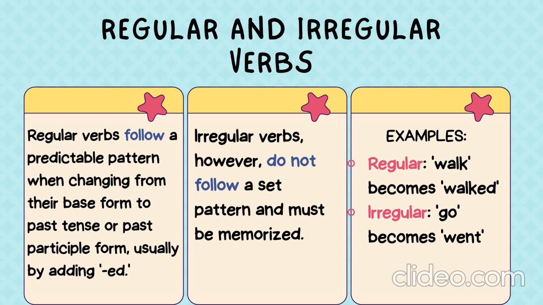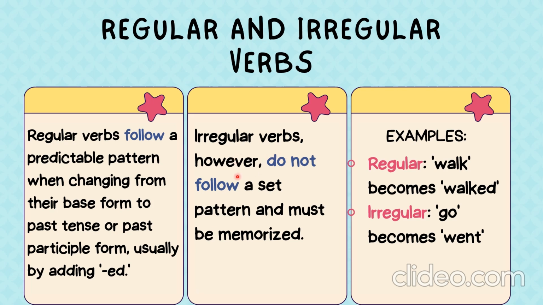Next, now we are going to see regular and irregular verbs. Regular and irregular verbs are two categories of verbs in English based on how they form their past tense and past participle forms. Let's look at each type in detail. Regular verbs follow a predictable pattern when changing from the base form to the past tense or past participle form, usually by adding ed.